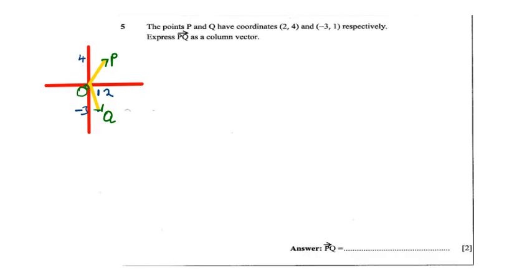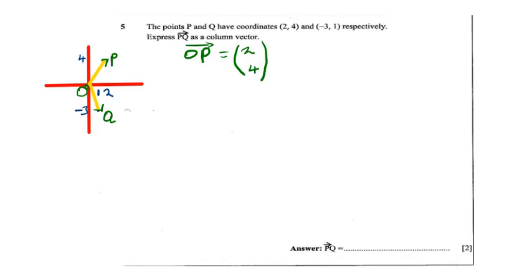So if we were to represent this in column form, therefore it will be OP as a vector, which means our coordinates will be 2, which represents x, and then 4, which represents y.